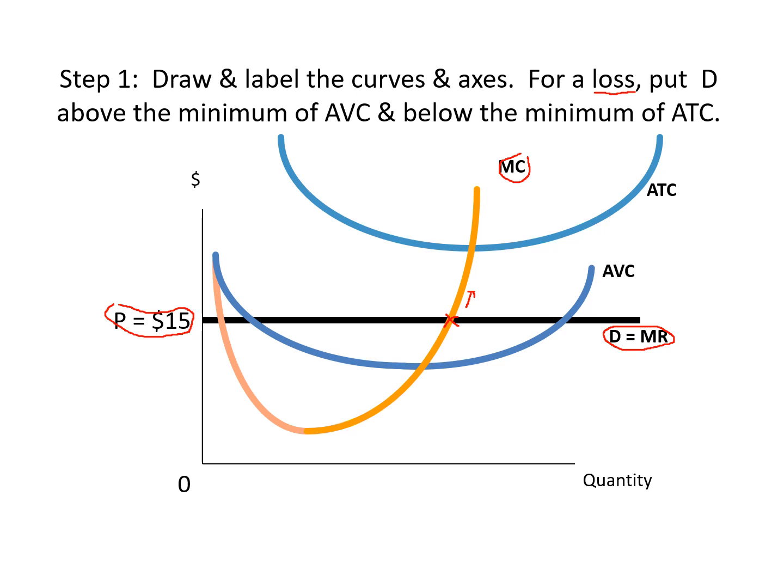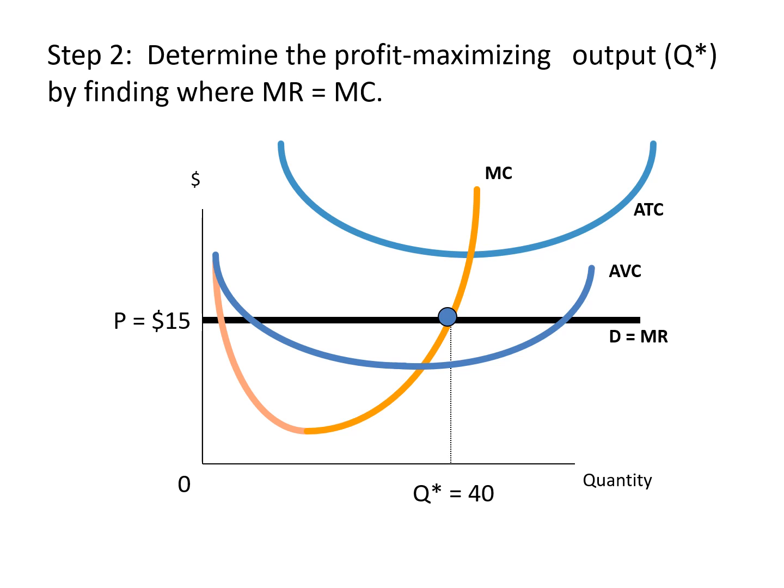Okay. Now, this intersection here will determine the quantity that the firm should produce, and it's only possible if this is above the average variable costs. So in this example, that intersection is at a quantity of 40 units.